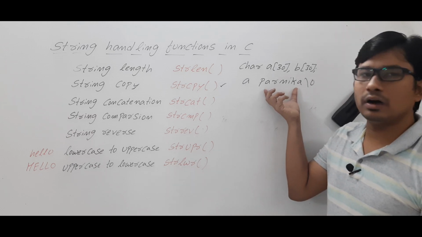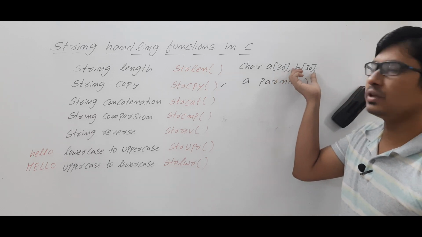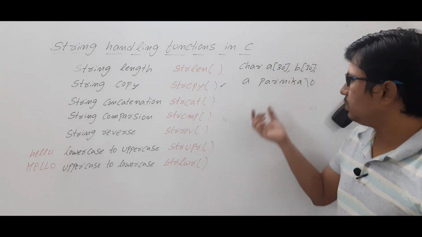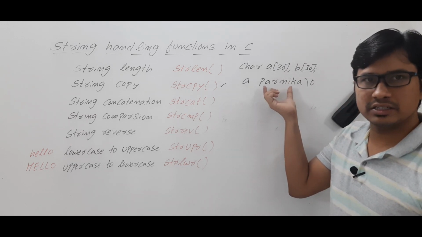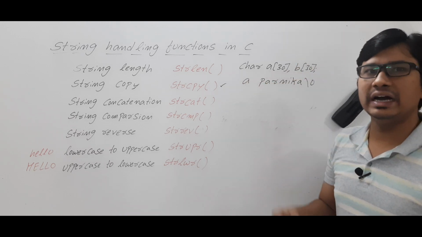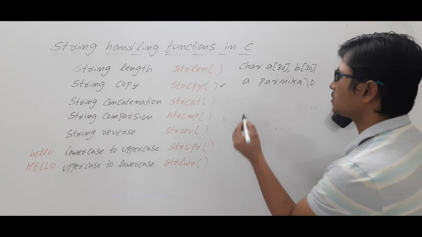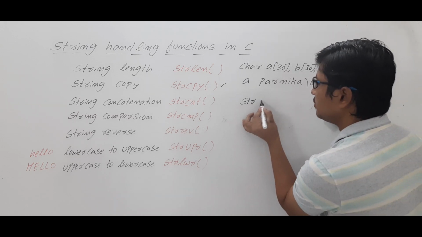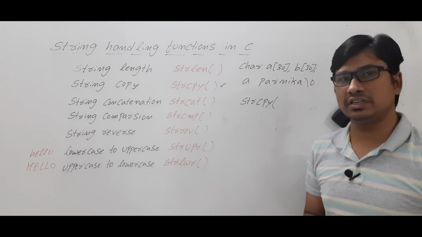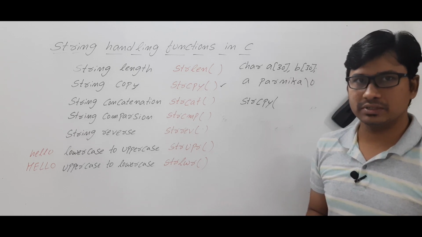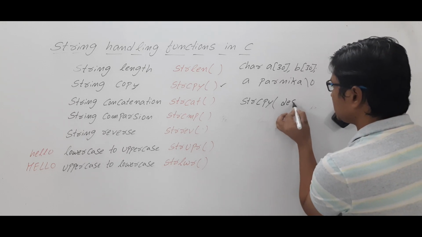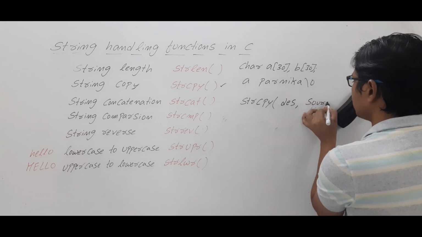Now this Parnika, you want to copy into the array called B. This is what copy means. Am I right or wrong? So we are taking the string which is in the array A and want to copy it into the array B. Let me discuss how this strcpy will work. It will take two strings or two array names, meaning it will have the destination and the source.